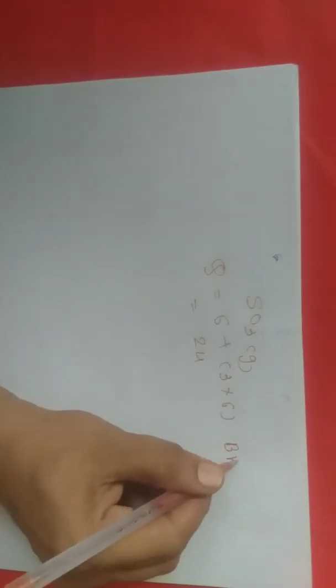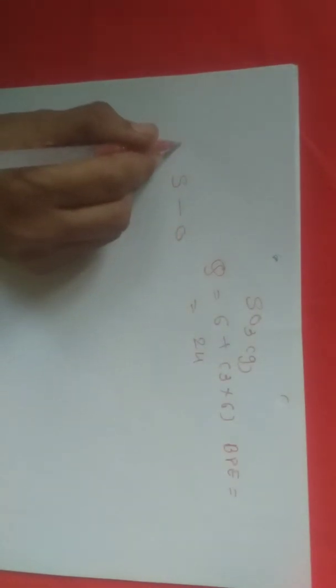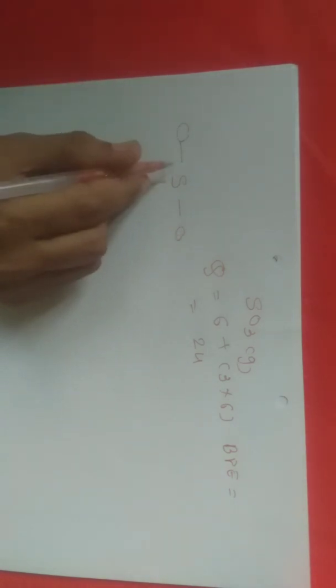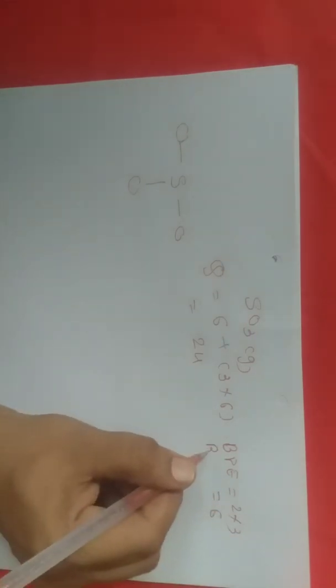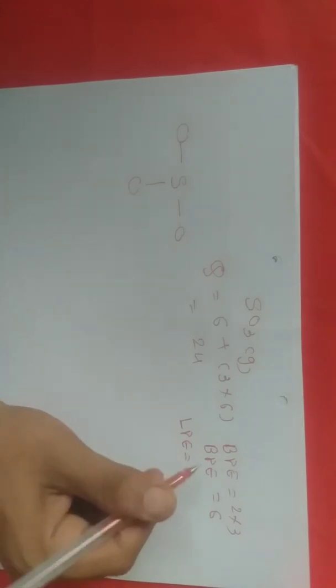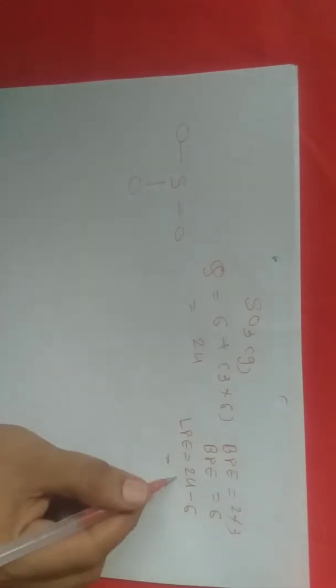If I talk about the bond pair electrons, sulfur is bonded with 3 oxygens, right? 3 oxygens are there, so 1, 2, 3 bonds are there. So 2 into 3, total 6 is the bond pair electrons. The lone pair electrons are nothing but 24 minus 6, that is 18.